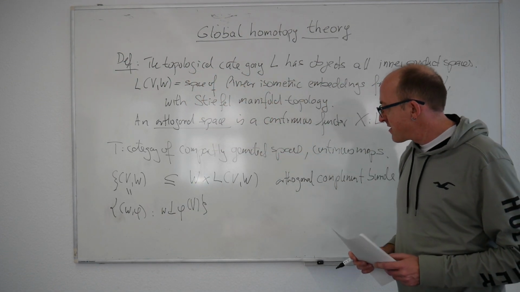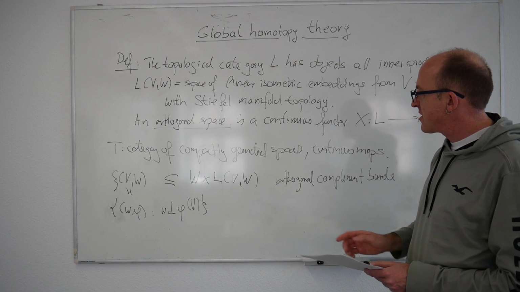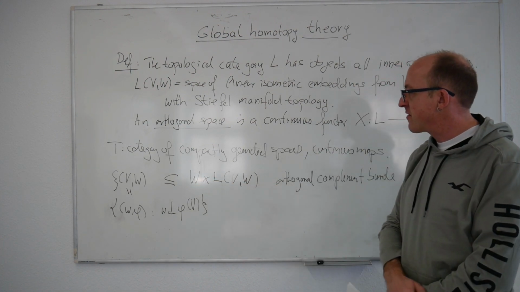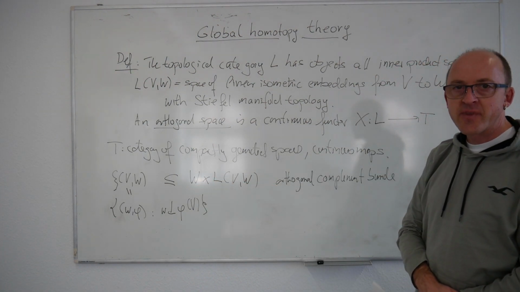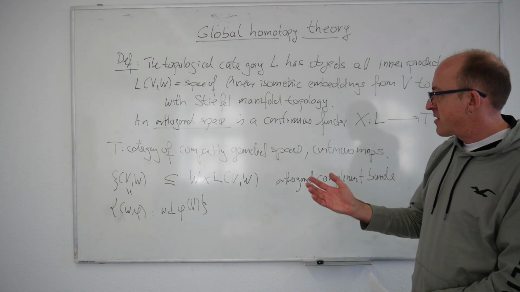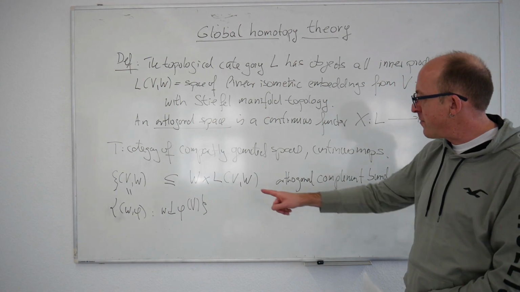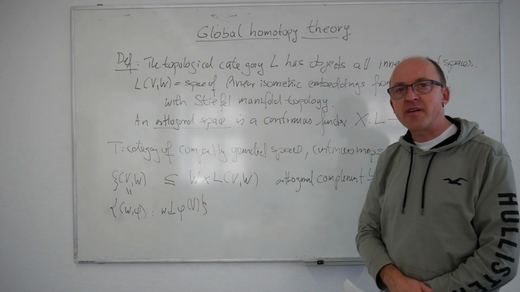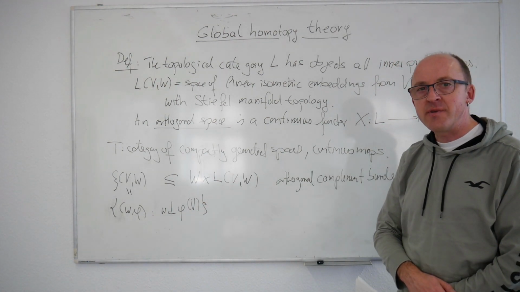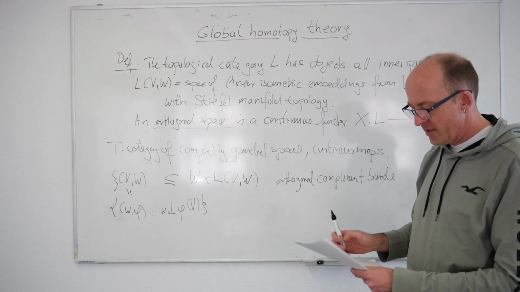So this space is the total space of a vector bundle, which is simply a vector sub-bundle of the trivial vector bundle with fiber W. The bundle map is just the projection to the second factor. And the fiber over a point of the base, so over a linear isometric embedding φ, is just the orthogonal complement of the image, which explains the terminology.